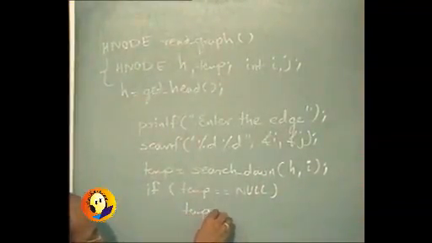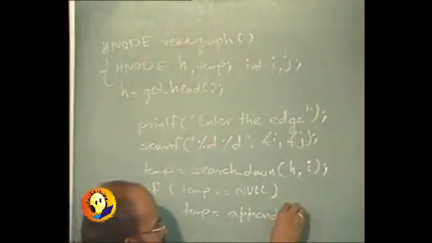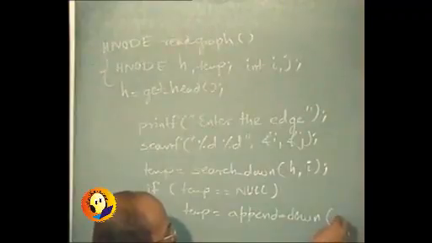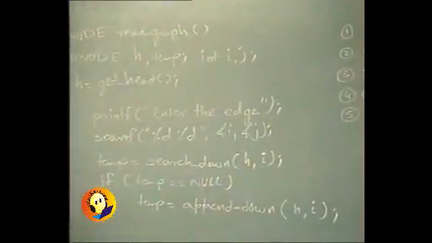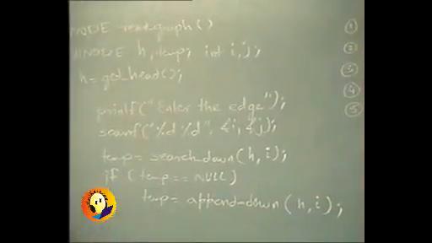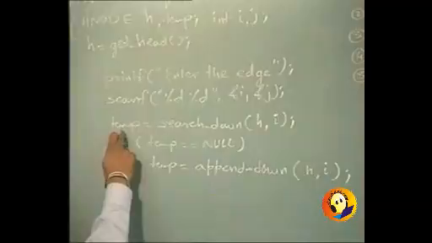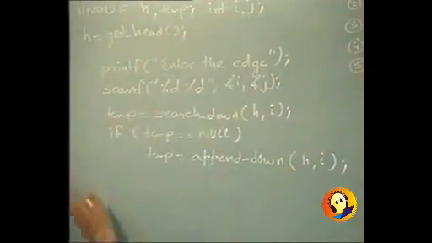I will say temp equal to append down H comma I, and now temp will have that particular last node which we have added. Otherwise temp will have the address of that node where I is already present.